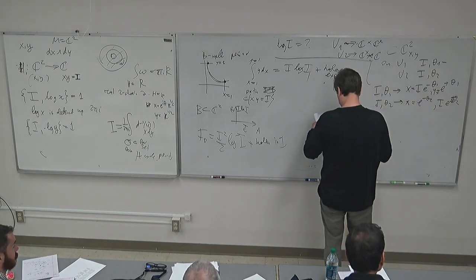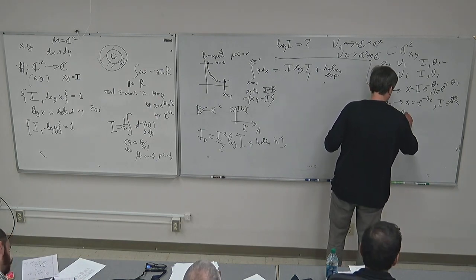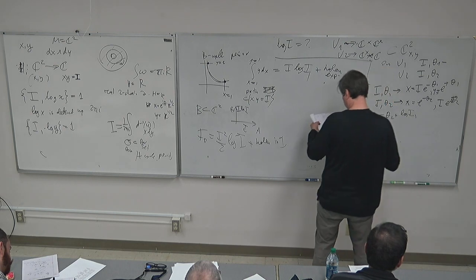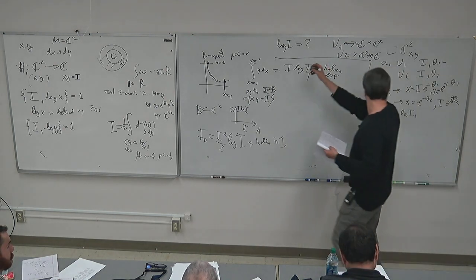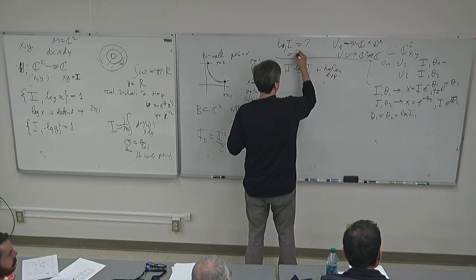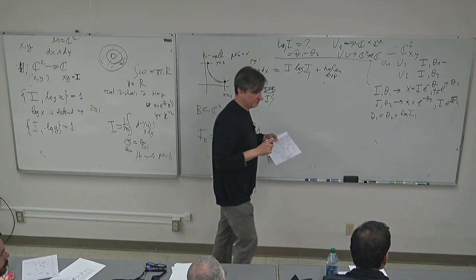And then we see that θ1 is equal to θ2 plus log I. So log I is interpreted as the difference of two coordinates on the common intersection.